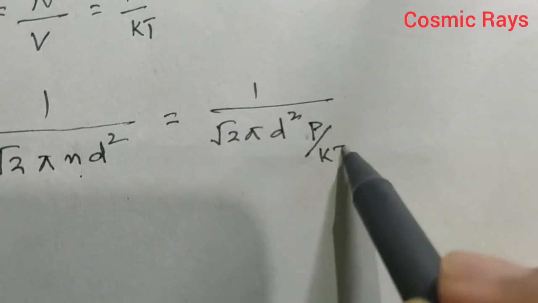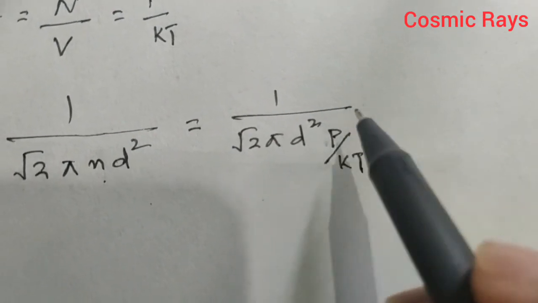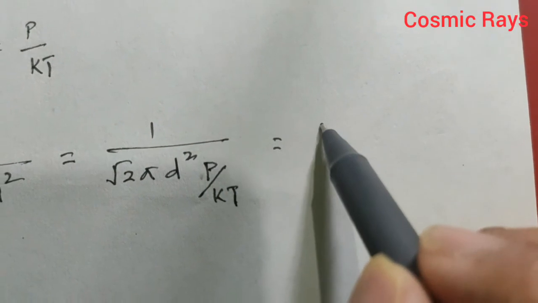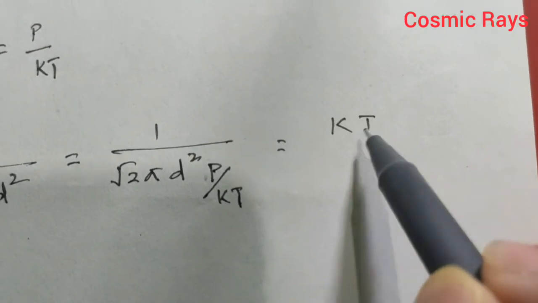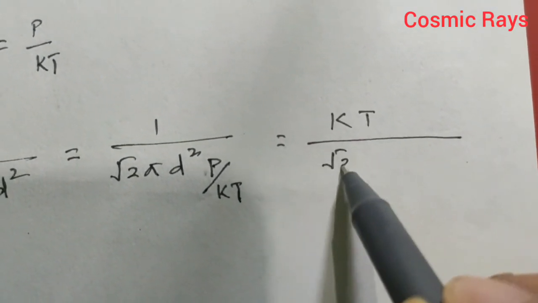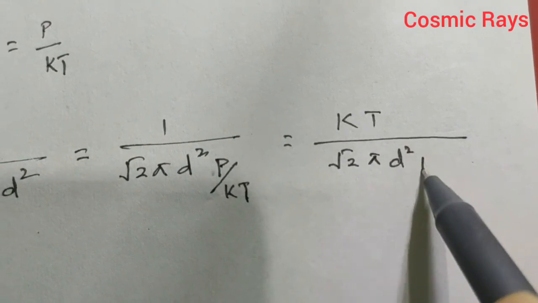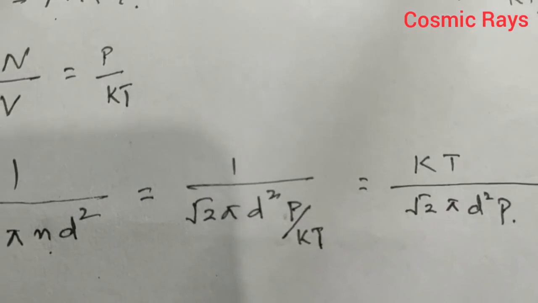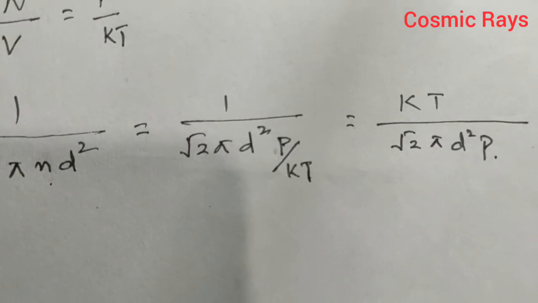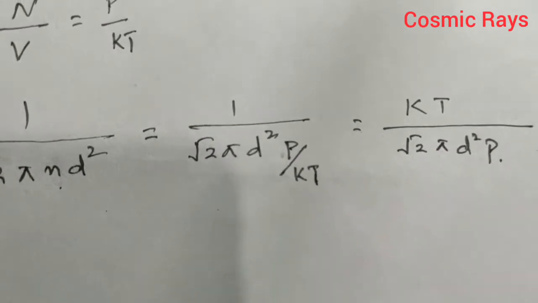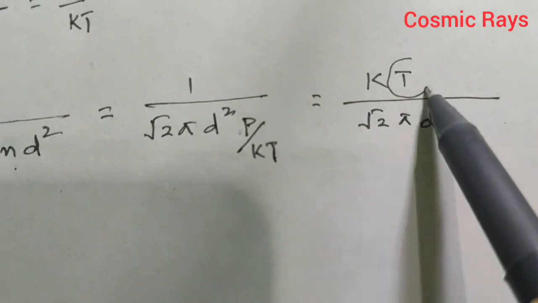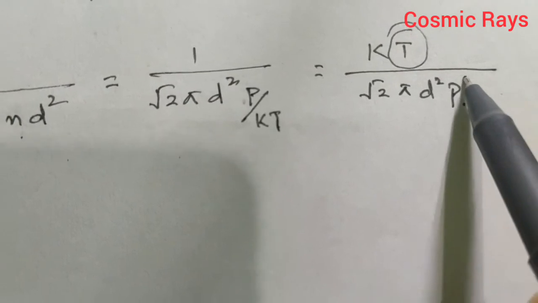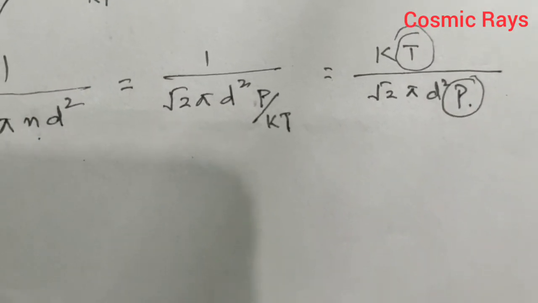Now this kT will go up, so the equation will look like lambda is equal to kT upon root 2 pi d square P. So the mean free path of the molecules of a gas is directly proportional to its absolute temperature, and it is inversely proportional to the pressure.